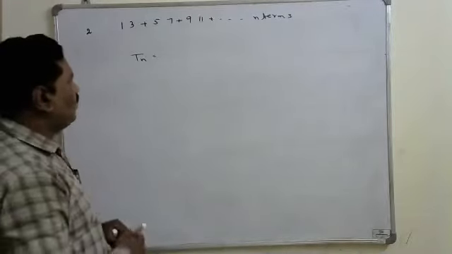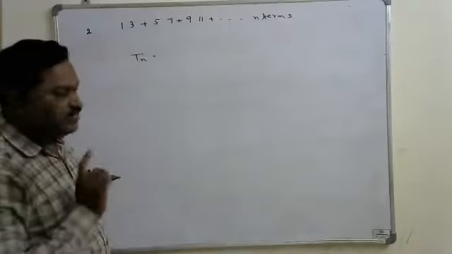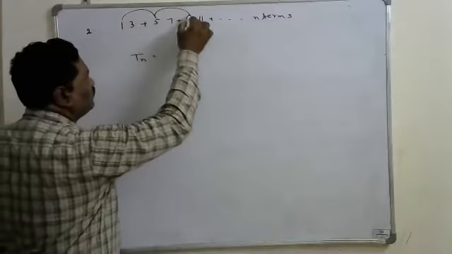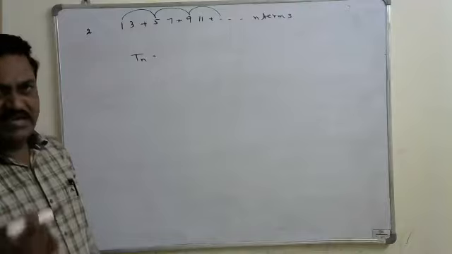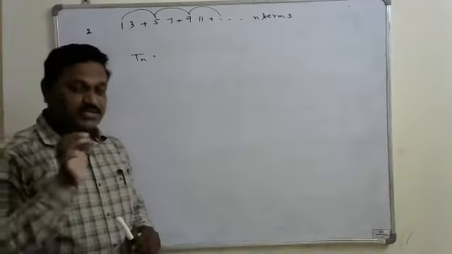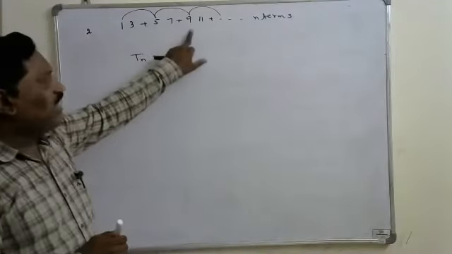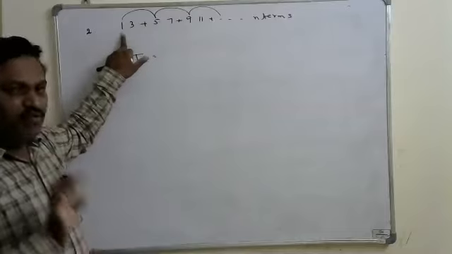Observe these terms. In every term there is a product of two terms, in which all the first terms, 1, 5, 9, etc., are in AP with a common difference of 4.